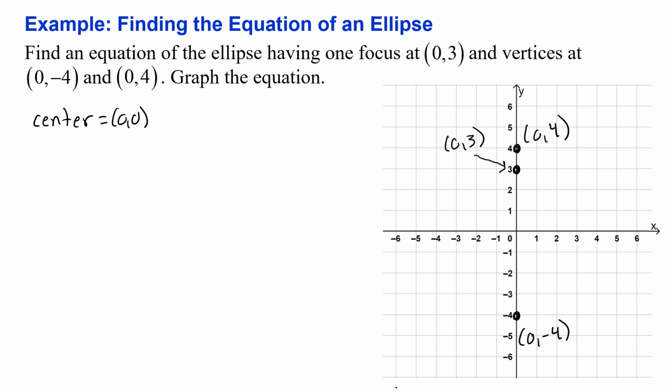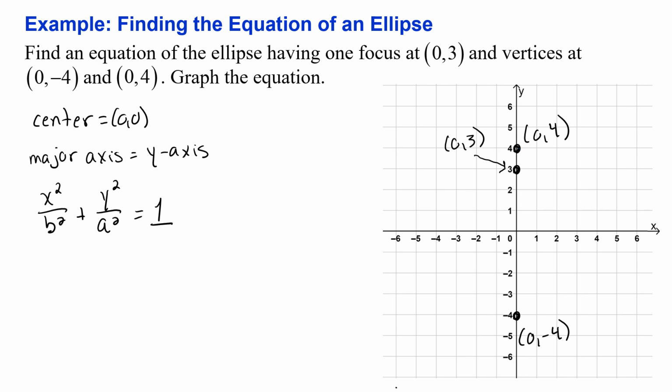Since the vertices are on the y-axis, the major axis will be the y-axis. And therefore, we know the equation has the form x squared divided by b squared plus y squared divided by a squared equals 1, where the larger number a squared is underneath the y squared term.